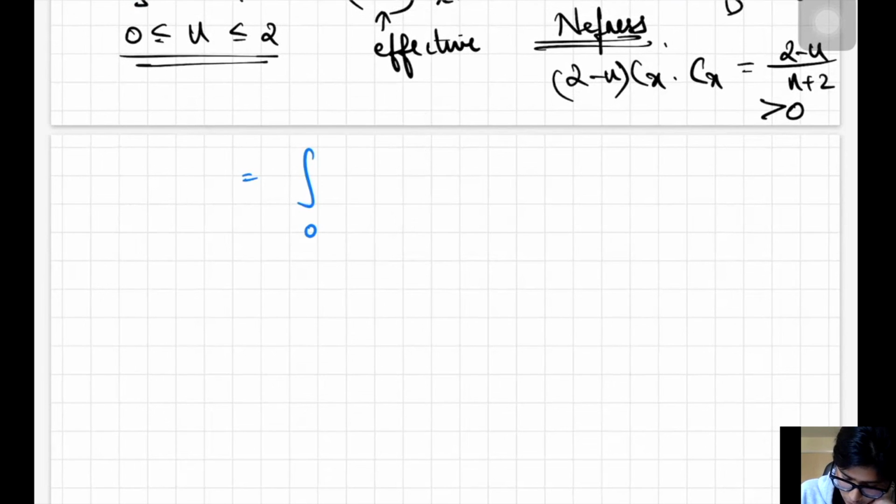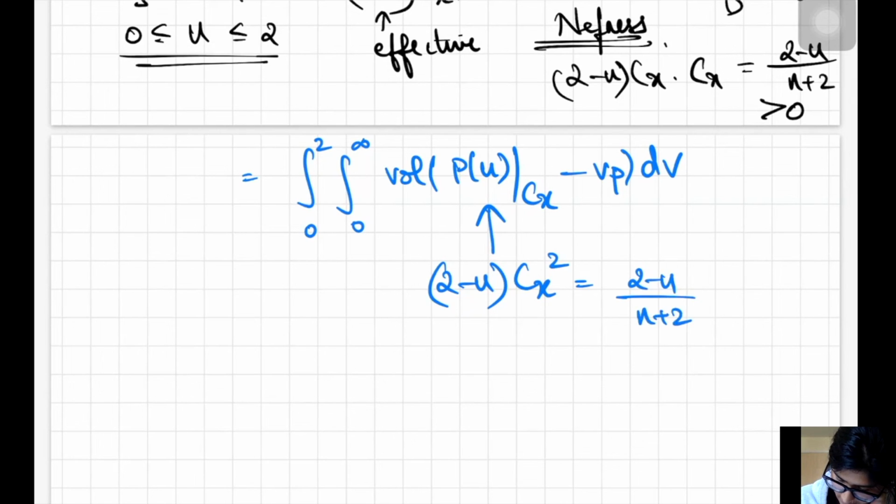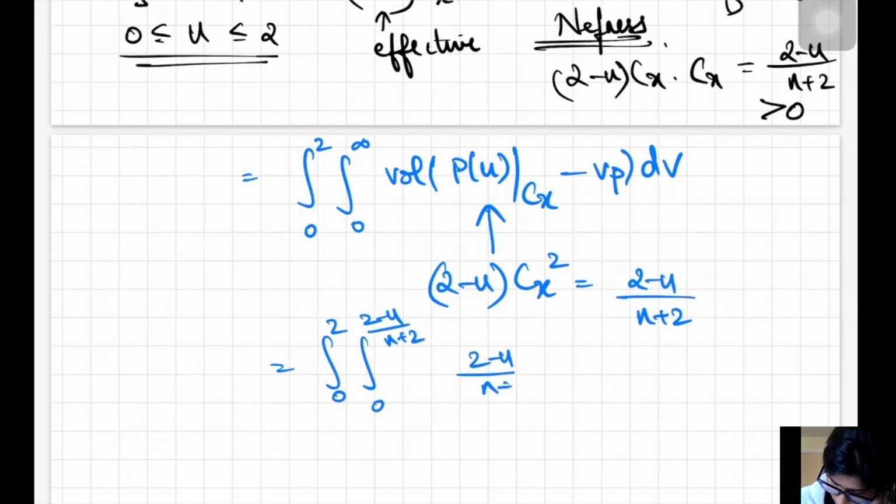It's just the integral from 0 to 2, 0 to infinity, volume of the positive part restricted to Cx minus vP dv. But what is this? We have 2 minus u Cx restricted to Cx, so it's Cx squared, so it's 2 minus u over n plus 2. So this is the integral from 0 to 2, 0 to 2 minus u over n plus 2, of 2 minus u over n plus 2 minus v dv, du.